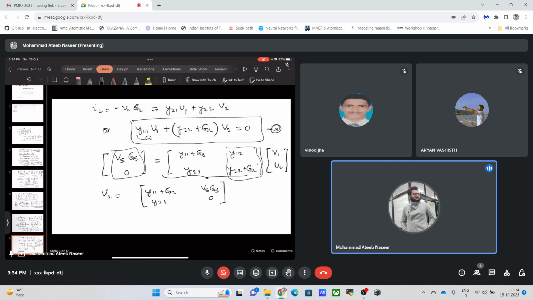Now I will simply divide this by the determinant, which is y11 plus Gs, y12, y21, y22 plus GL. This will be our V2. This thing is equal to 0, so it would be minus y21 Vs into Gs.